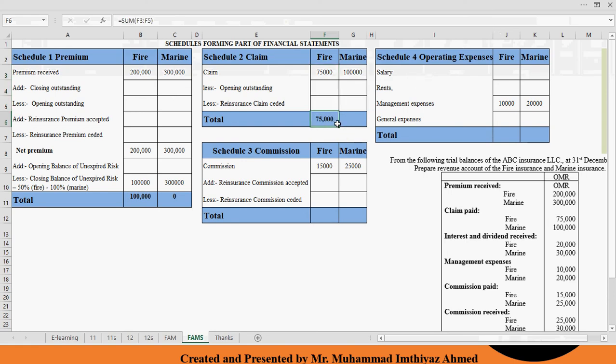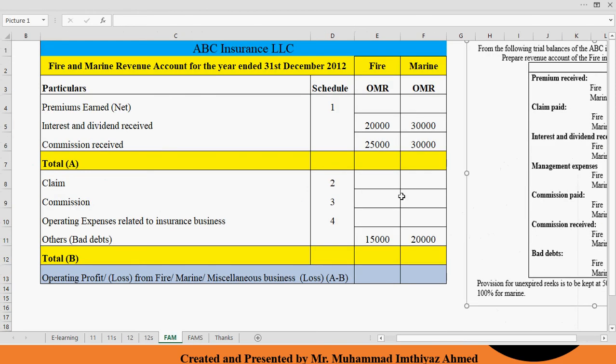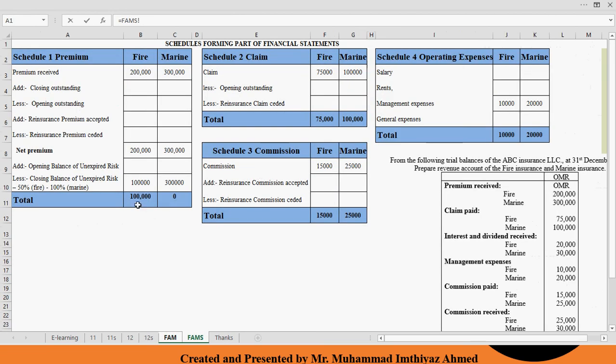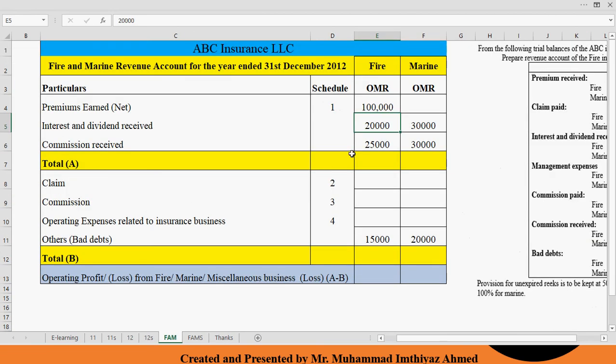So making the totals of claim, and for commission it is 15,000 and 25,000 we need to close, and this is the same amount we are going to get in the case of operating expenses. Now these totals we need to finally transfer to our income statement. Schedule number 1, in the case of fire we are getting 100,000 because we maintain 50% reserve.